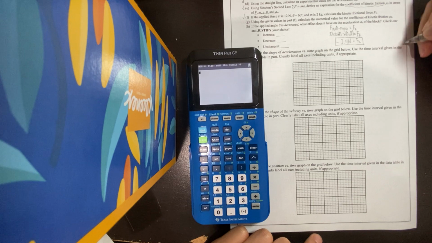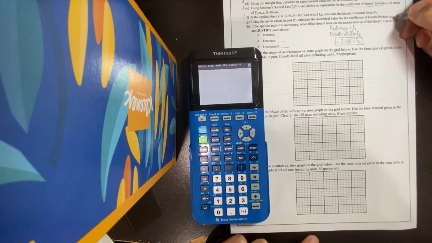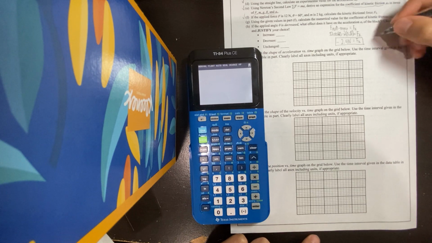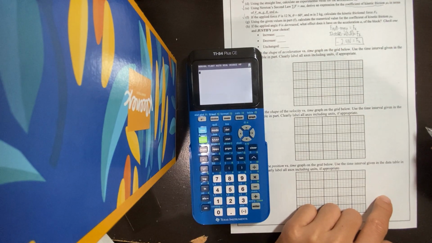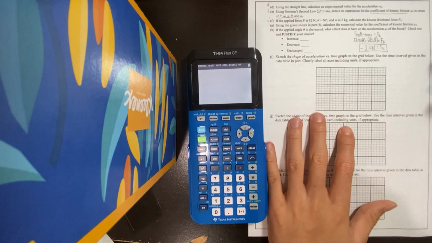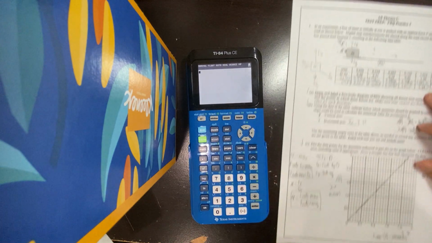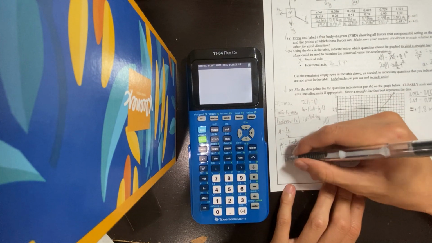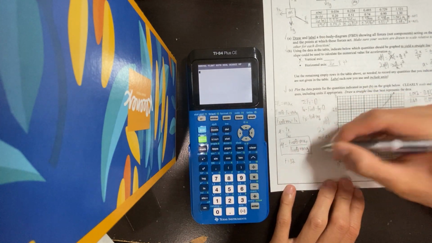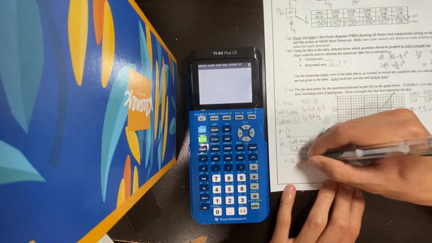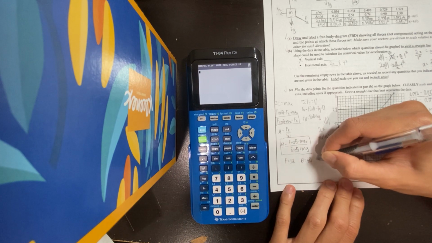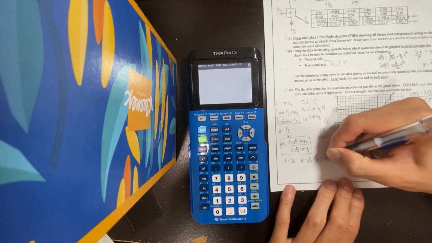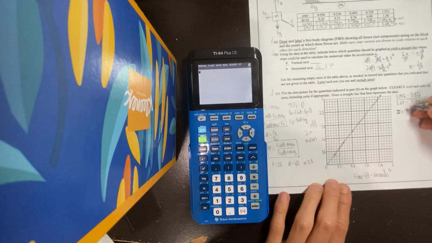Find the coefficient of kinetic friction, mu k. Well, we already have the equations from part E, right? So we can just plug it straight in. And we know that F is equal to 12. Theta is equal to 60. And then we know that A is equal to 1.8 if we use our experimental value over here.